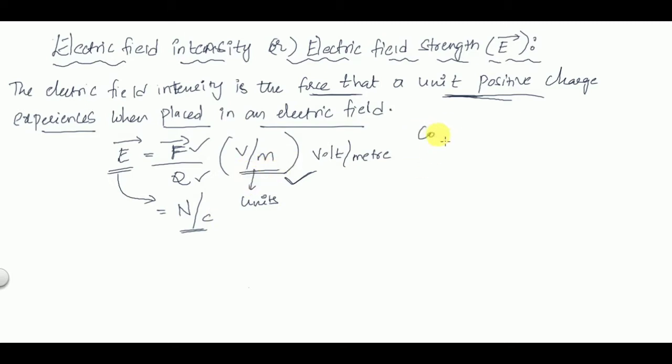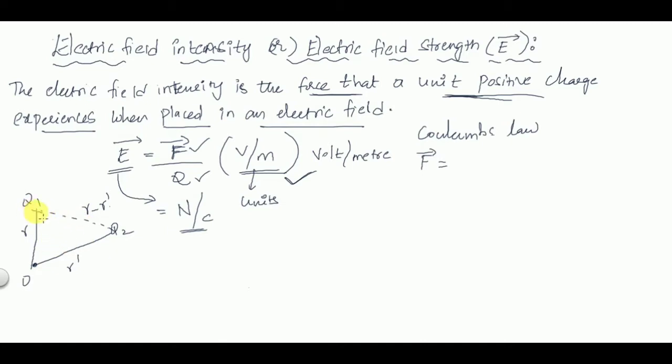From Coulomb's law we know the force exerted, if there are two point charges q1 and q2 whose distances are r and r dash from the origin, so the distance here is r minus r dash.